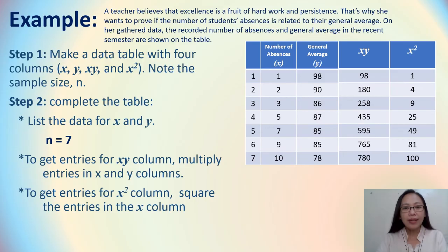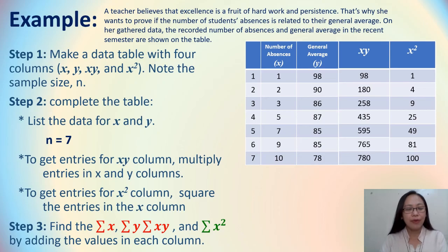So 1 squared, or 1 times 1, that is 1. 2 squared, 4. 3 squared, or 3 times 3, it's 9. 5 squared, or 5 times 5, it's 25. 7 squared, or 7 times 7, that is 49. 9 squared is 81. And 10 squared, that is 100.